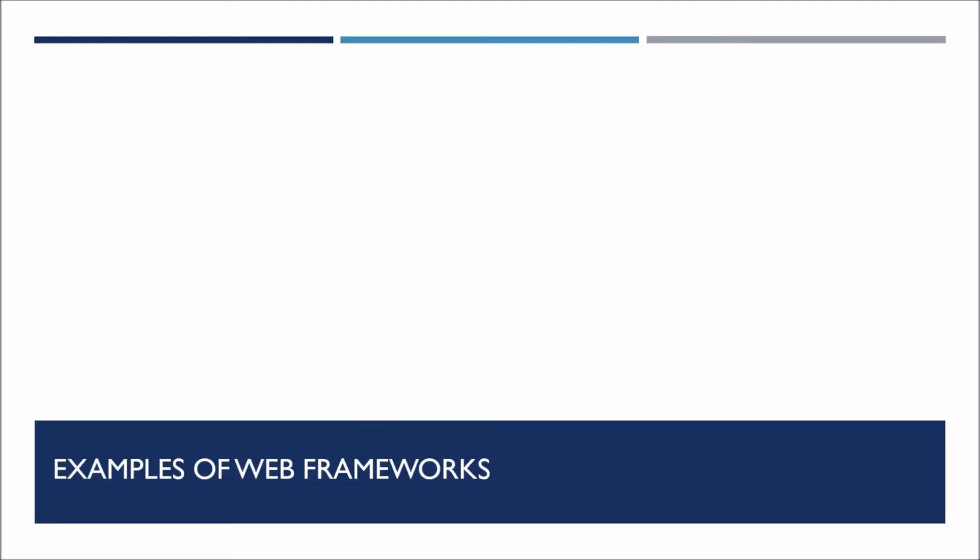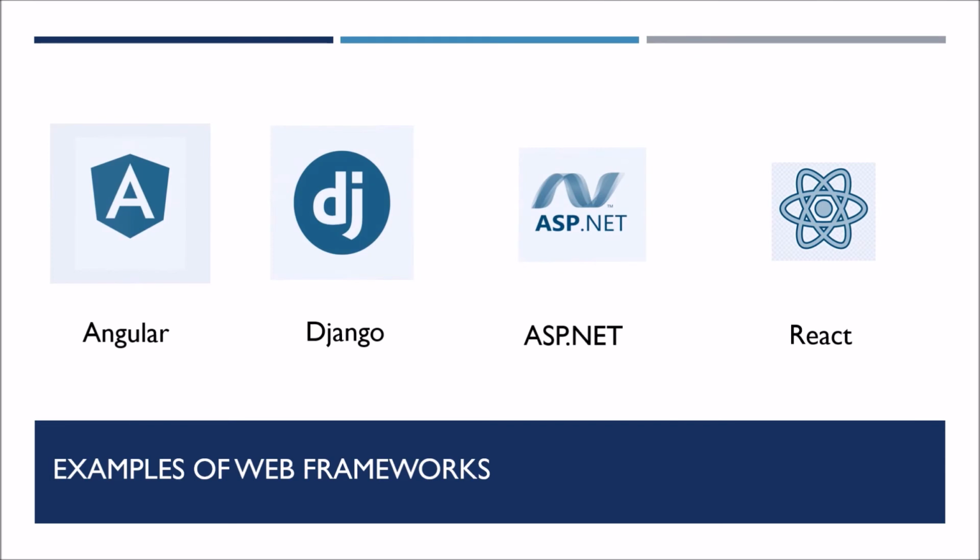In the previous two slides, we spoke about web framework types. Now here are the most common web frameworks used today, which are Angular, Django, ASP.NET, and React. All four are powerful and very versatile, and we're going to see why we use them for different purposes.